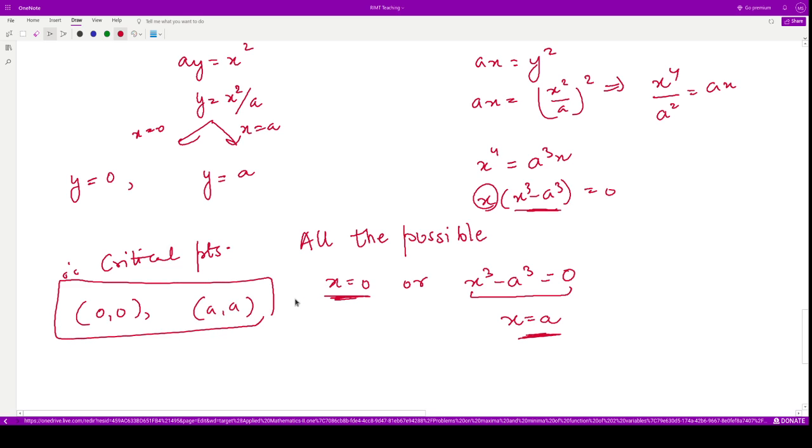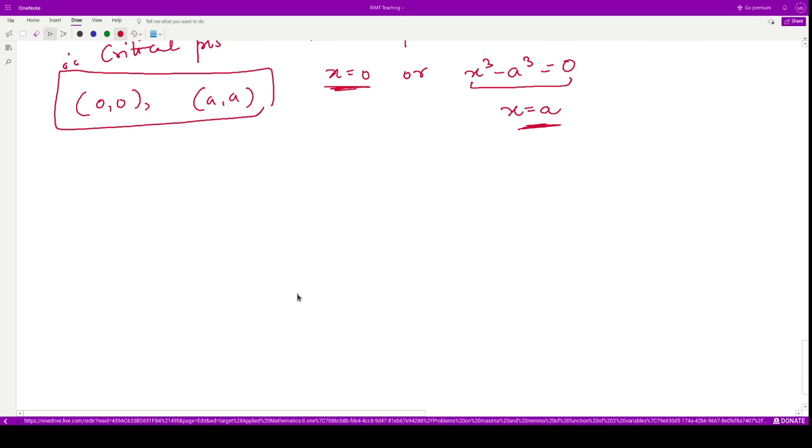Now at these critical points we have to evaluate the values of a, b and c. That means the double derivatives. So your a, that is del 2f by del x2, would be taking the derivative of the first derivative, and the first derivative with respect to x was 3x square minus 3ay.